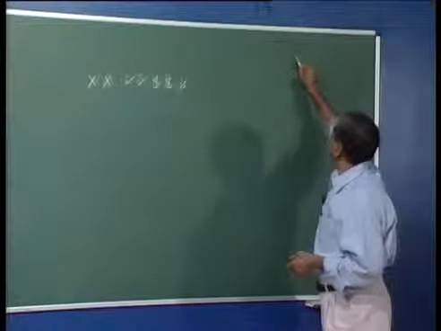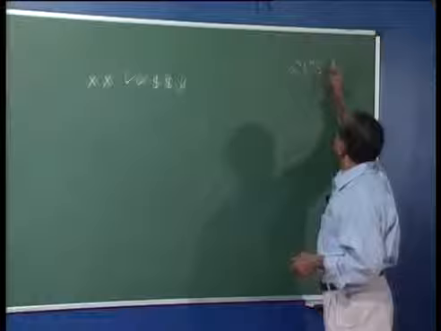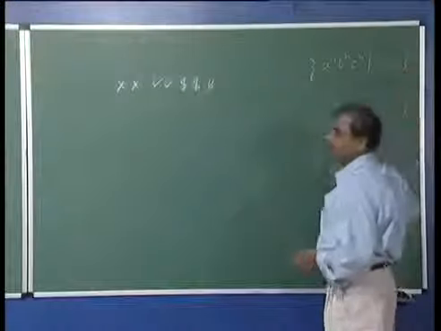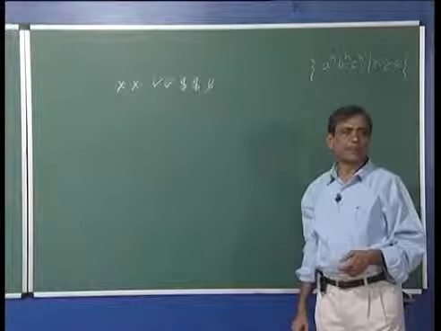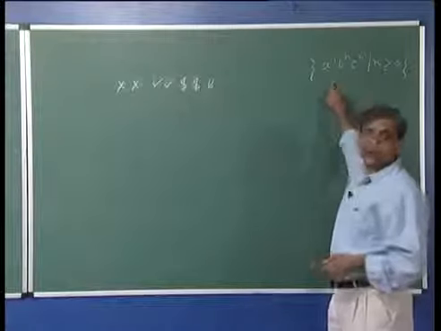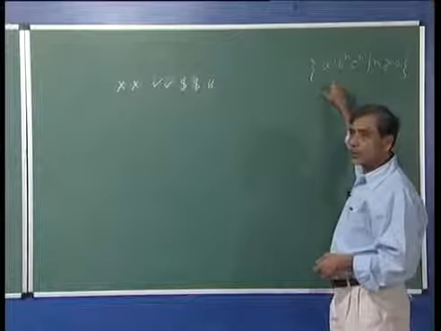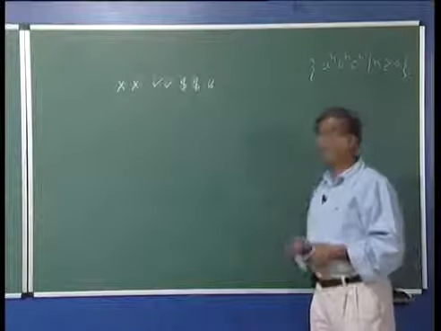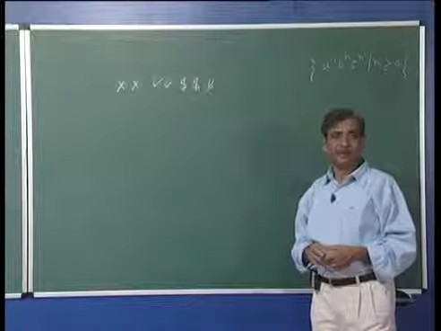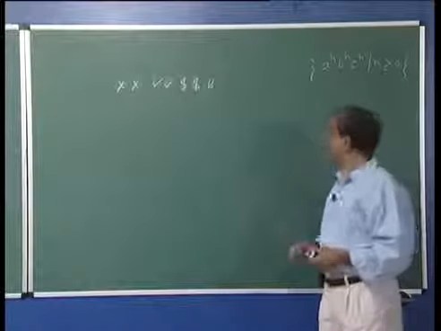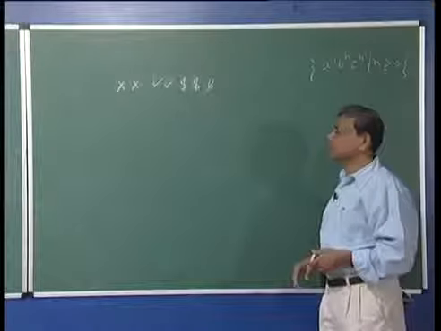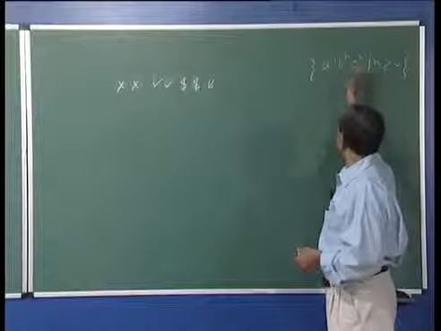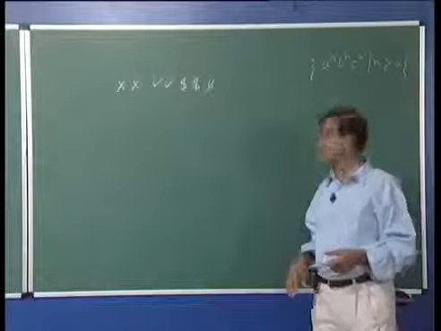Remember, this particular language cannot be generated by a context free grammar or equivalently cannot be recognized by a pushdown automaton. But here we see that a Turing machine does have the capability to recognize these strings and not those strings where the numbers of A's, B's and C's do not match.